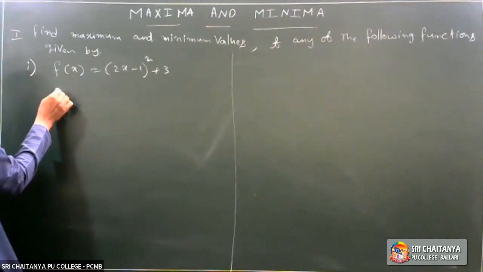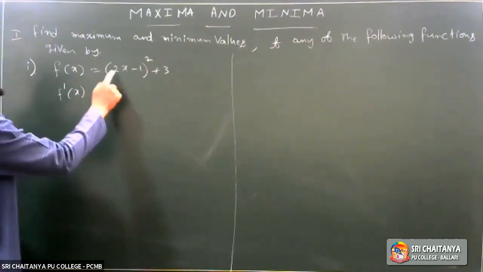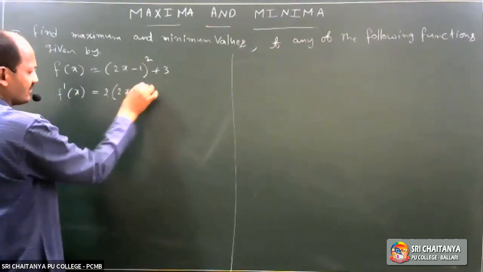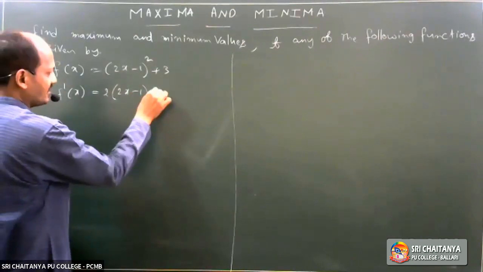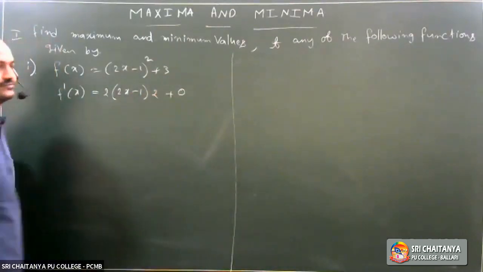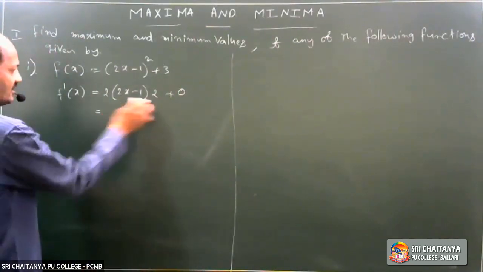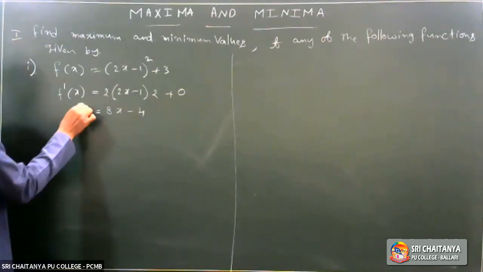First differentiation, f dash of x. 2x minus 1 whole square: it is 2 into 2x minus 1 into the derivative of 2x minus 1, which is 2. Derivative of 3 is 0. It is clearly 8x minus 4, the first derivative.